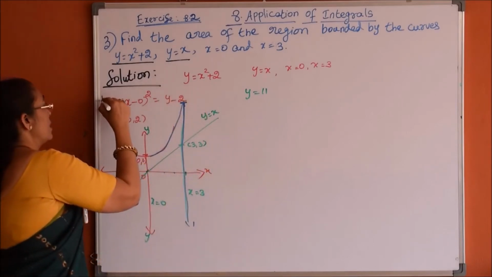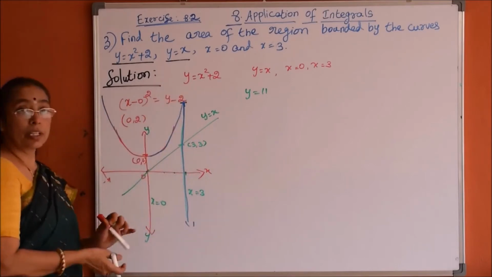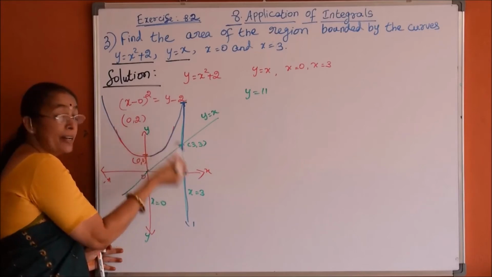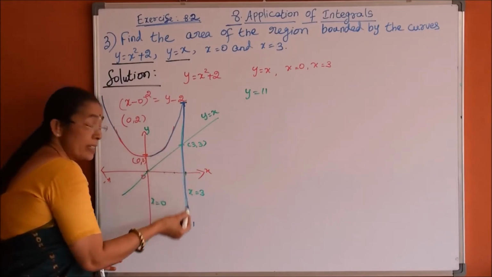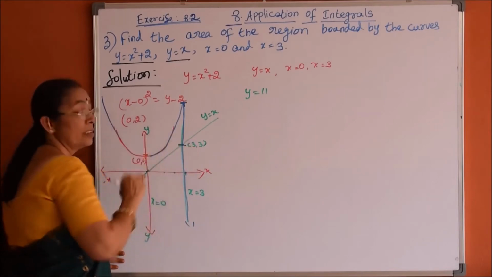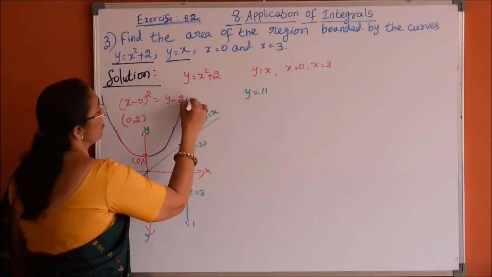Parabola intersects the curve means it intersects the straight line x is equal to 3. Is it clear? The straight line y is equal to x and the parabola will never intersect, but the line x is equal to 3 intersects the line y is equal to x at 3, 3 and it also intersects the parabola at 3, 11.